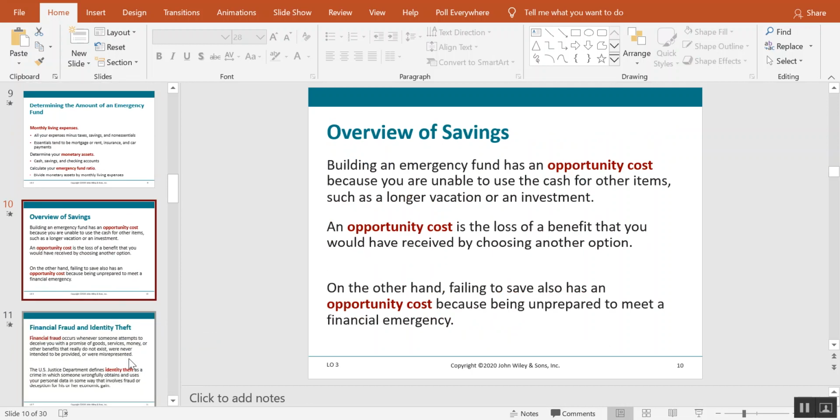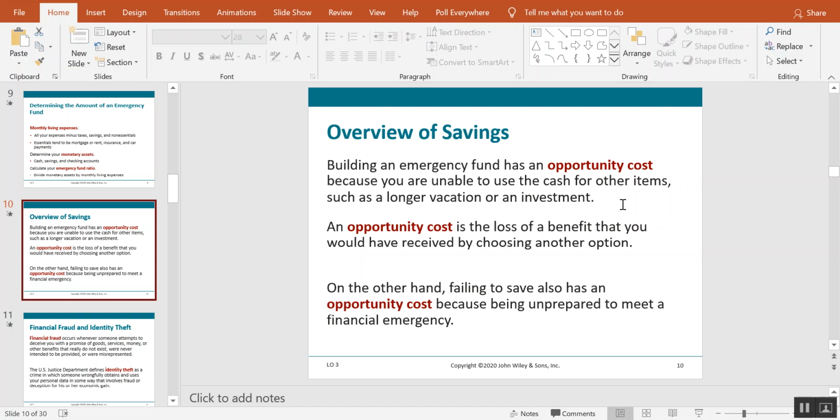When we're talking about saving, one of the things to think about when we save money and we build that emergency fund, there is an opportunity cost because we're putting that money in the bank and we're not spending it. The opportunity cost that we talk about is whatever we're giving up in order to get that emergency fund built.